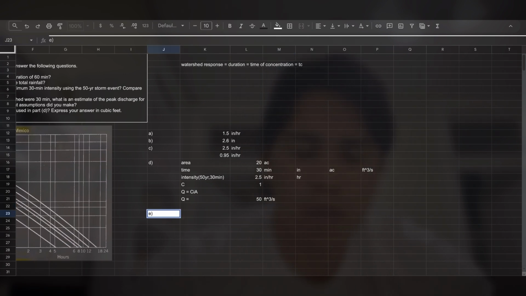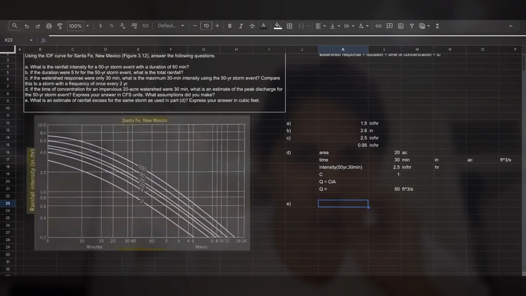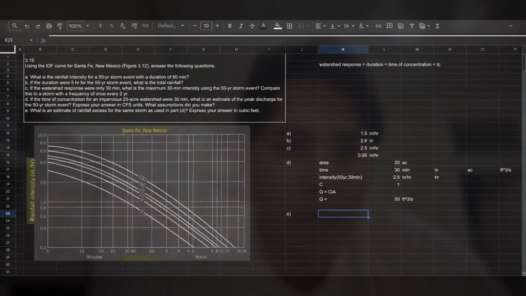And for the last part, E, we are asked what is an estimate of rainfall excess for the same storm as used in part D? Express your answer in cubic feet. So we have the rate Q of 50 cubic feet per second, and that happens over 30 minutes.